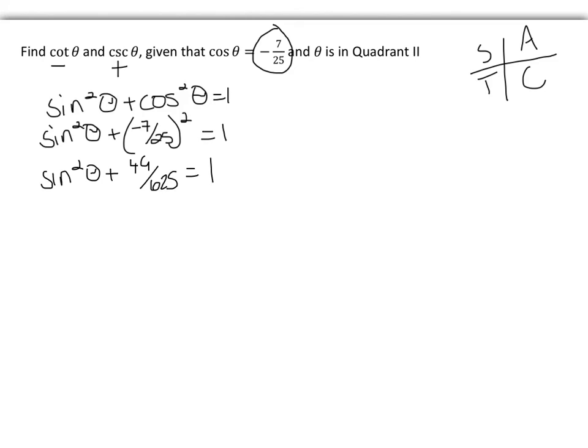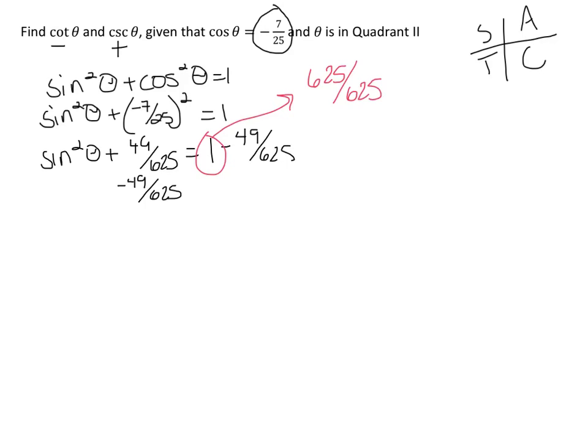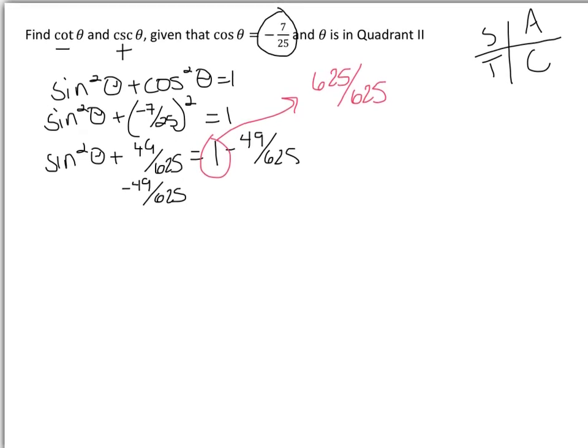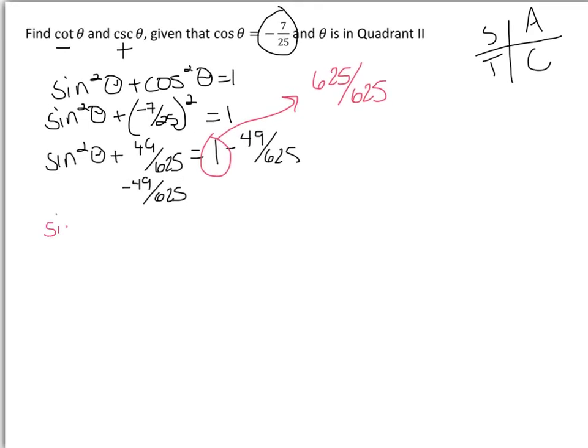Now I can subtract 49/625 from both sides. Remember that 1 can be rewritten as 625/625. So really I can subtract 625 minus 49. This gives me sine squared of theta is equal to 576 over 625. Then I can take the square root of both sides.